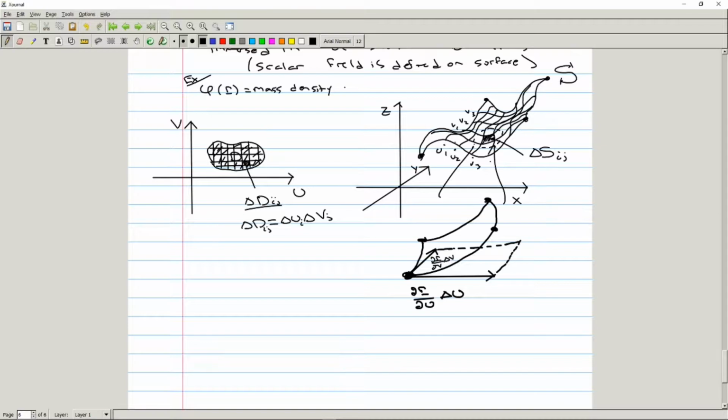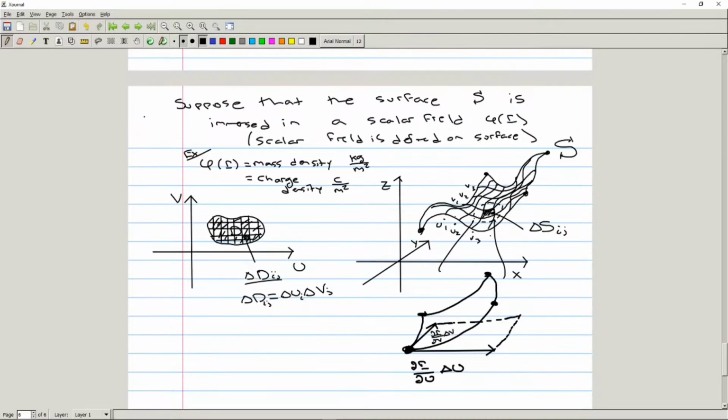If it's a mass density, it's measured in kilograms per meter squared, because it's the surface mass density. Or it could be a charge density, in which case it'd be measured in coulombs, which is the unit of charge, per meter squared. These are just a couple different examples of what phi could be.